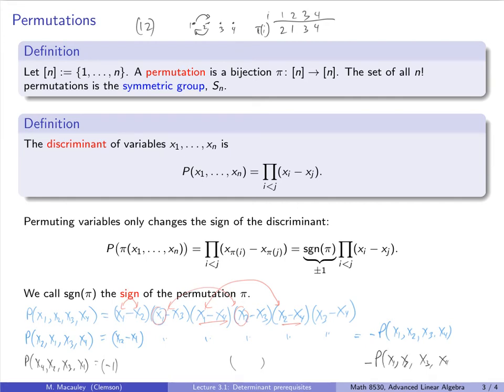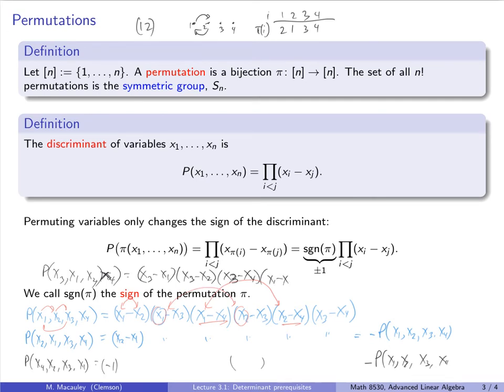Okay, so let's do one more. Let's cyclically shift these. So 1 goes like this: x2, x3, x1, and x4. Sorry, I forgot my x4. So here we have x3 minus x1. I don't know if it's really worth doing this, but whatever, I'll do it quick. x3 minus x2, x3 minus x4.